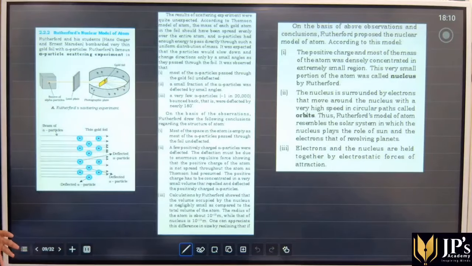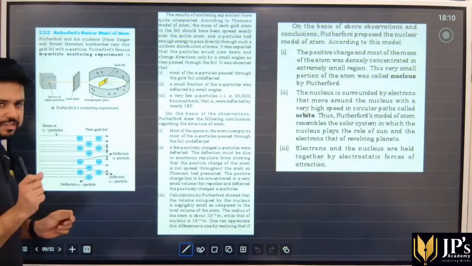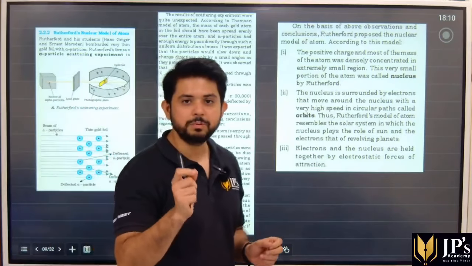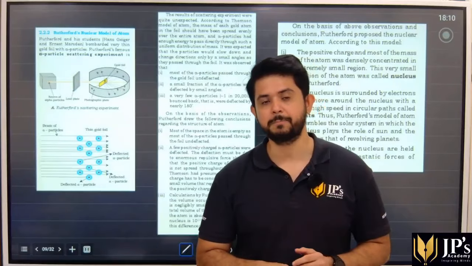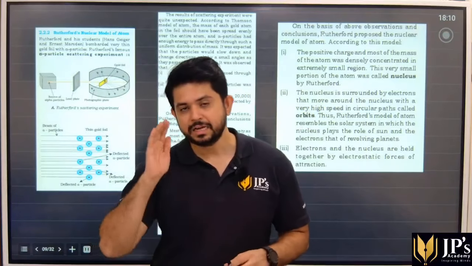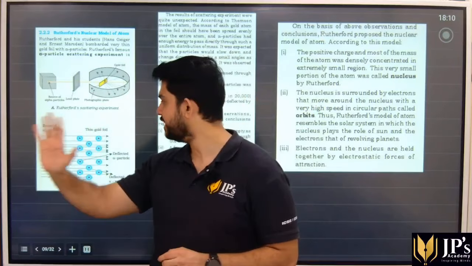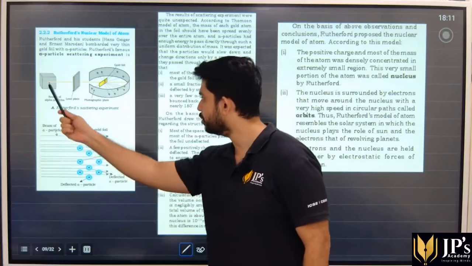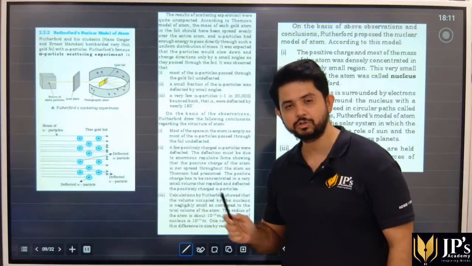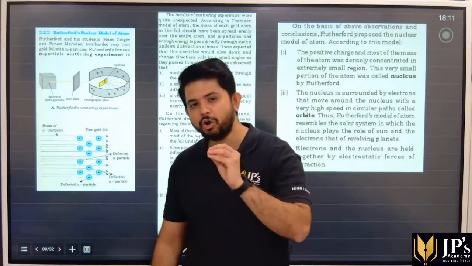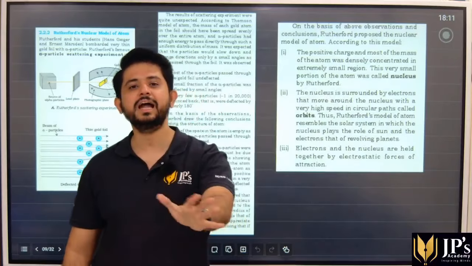In Rutherford's gold foil experiment, a very thin foil was bombarded with alpha particles. What was observed is that the majority of the alpha particles went straight through. This tells us that almost everything in the atom is empty.